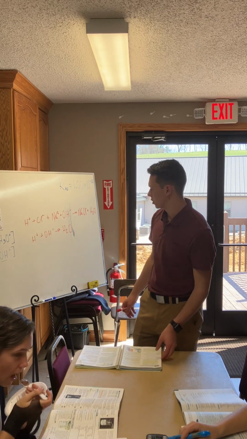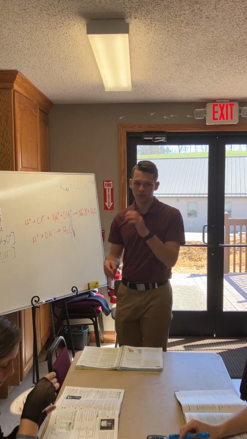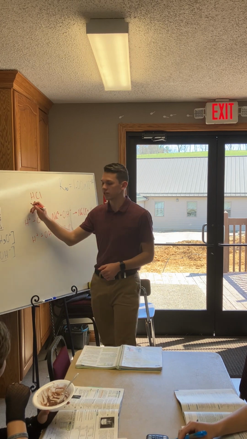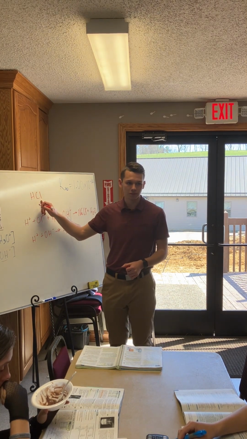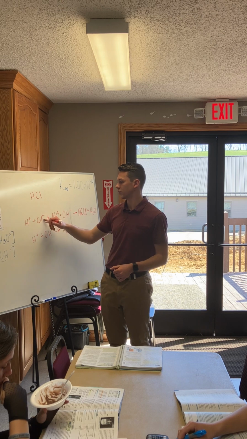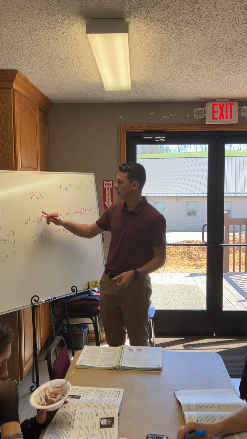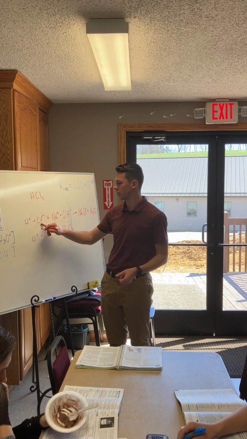You need to add the charges. When they have a formula like this, they always put the positive one first and the negative one second. So it's going to be H positive and Cl negative. And if there's a 2 here, it'll be H2 positive and Cl negative.